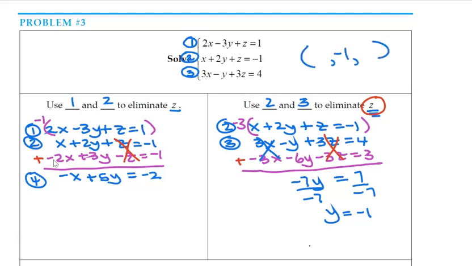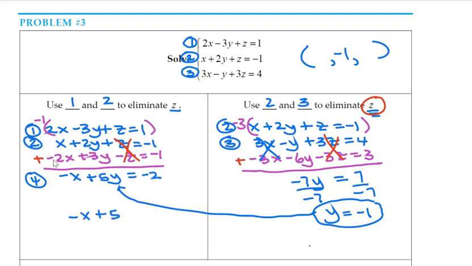Y is -1. All right, so now I can take that y equals -1 and put it in equation 4 here. I don't really have an equation 5 because 2 of those variables eliminated. So let's go ahead and just put it in here. When I do that, I've got -x plus 5 times -1 equals -2.